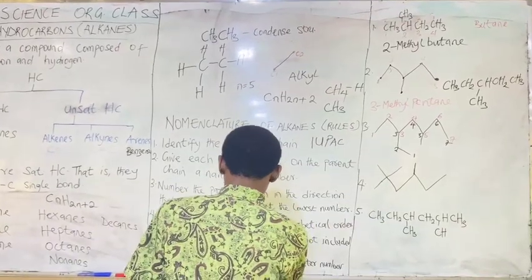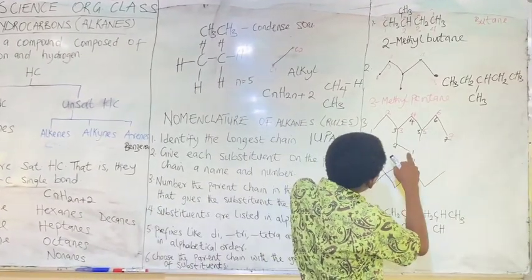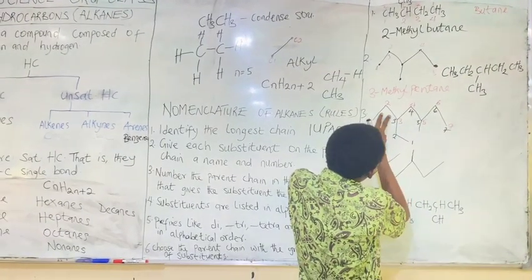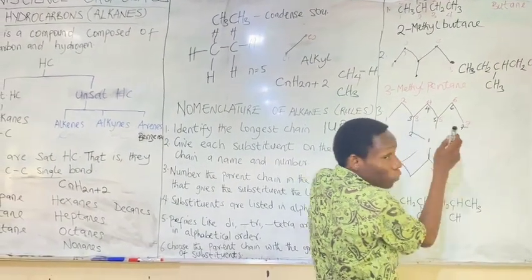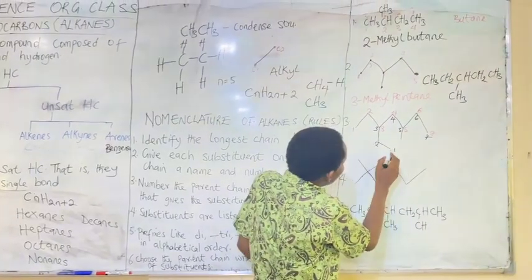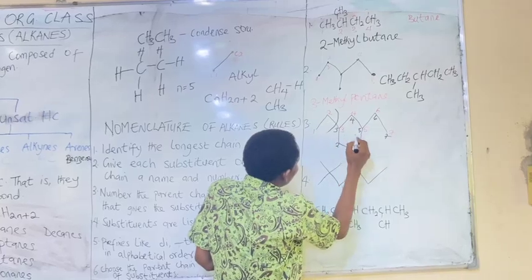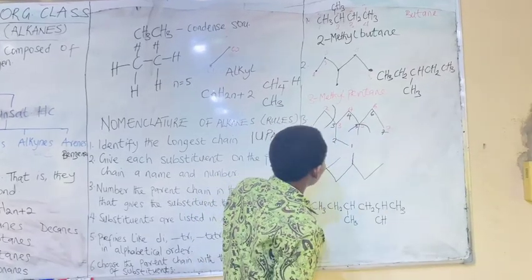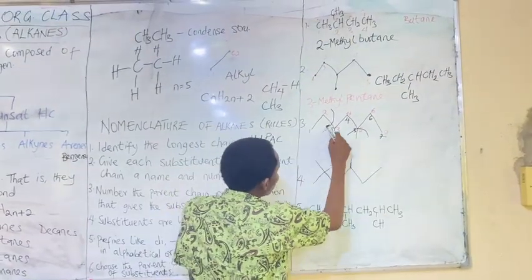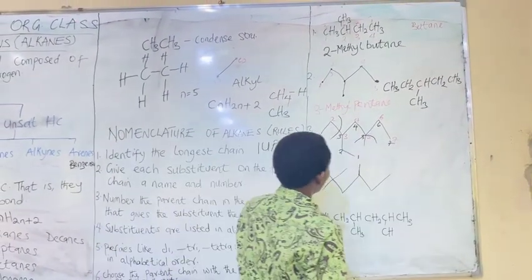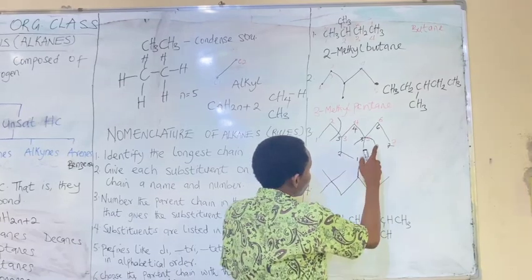So when it comes to alphabetical order, choose the parent chain with a greater number of substituents. Okay, let's go back to this number 6. We're having 1, 2, 3, 4, 5, 6, 7. If we are taking this way, are you following? Yes. If we are taking this numbering, this will be the substituent and this will be what? The substituent. So if we are taking from here, we have how many substituents? 2. Alright. Okay, you're following. That's good.